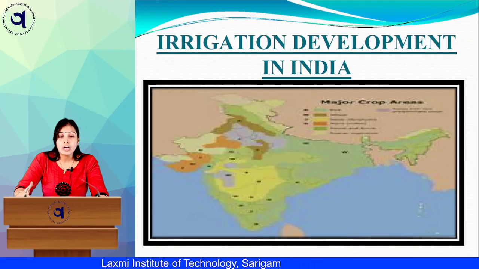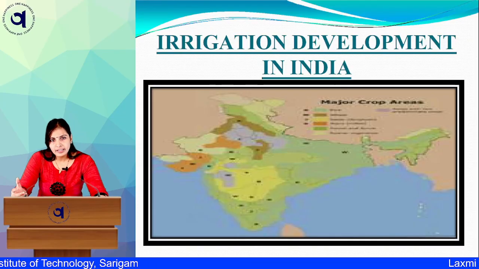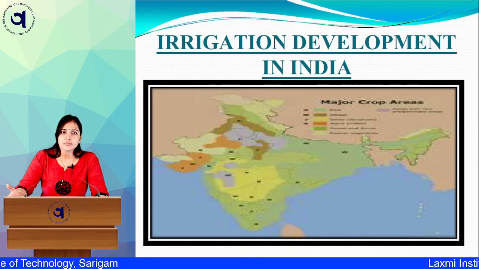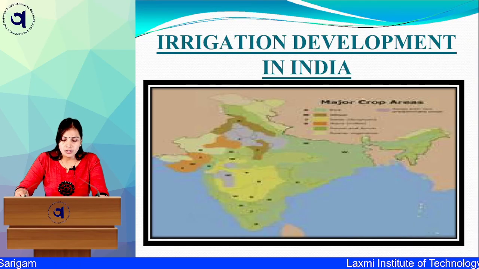Nagpur is well known for its orange, Nasik for grapes, and Goa for coconut. So various areas are known for the crops, fruits or vegetables they grow.